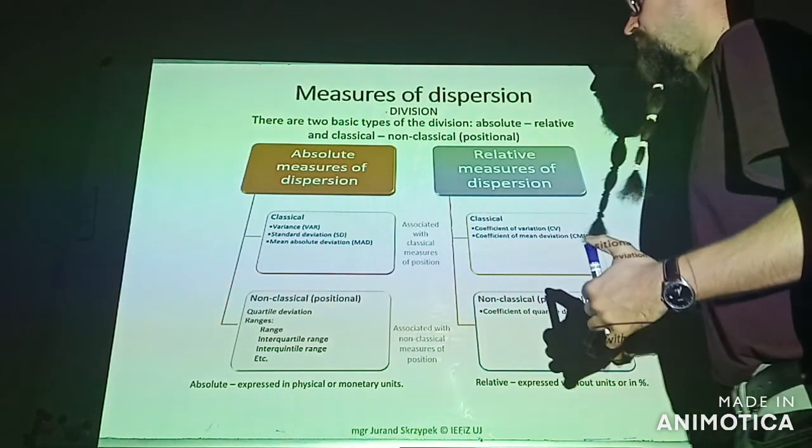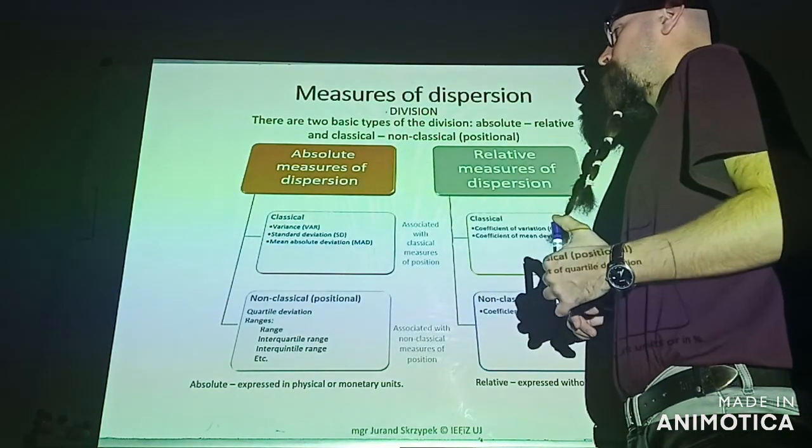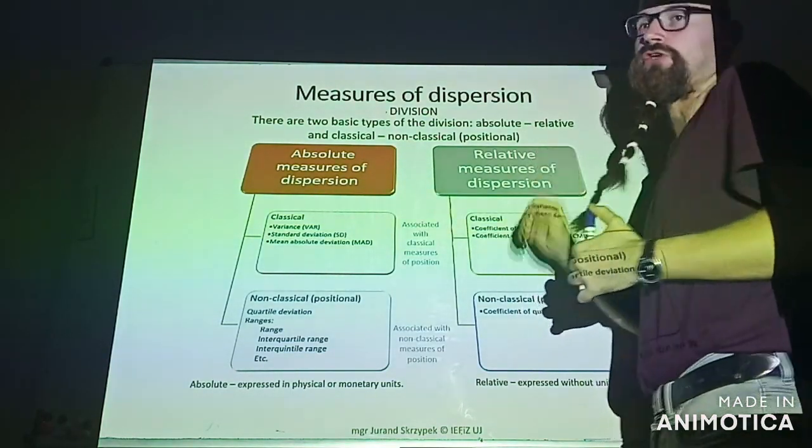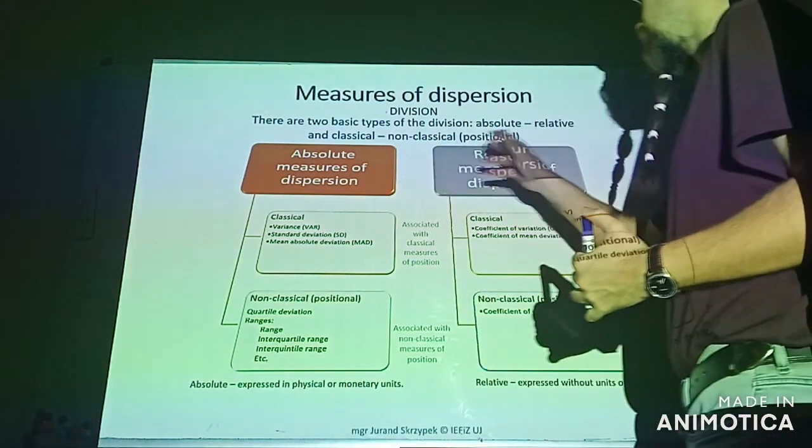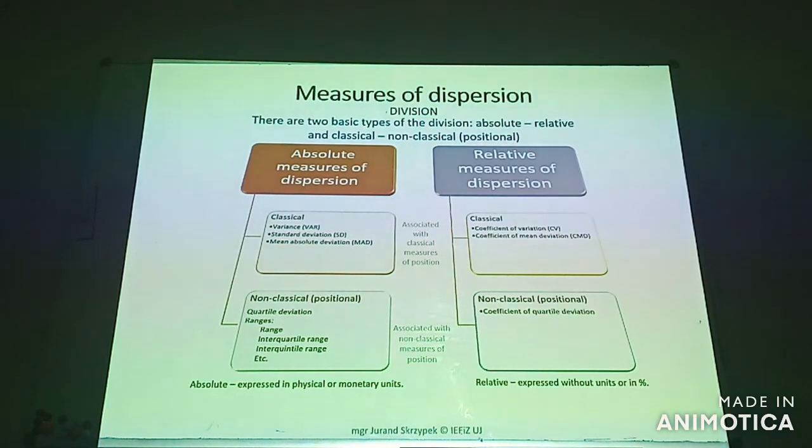The second division is into absolute and relative measures of dispersion. The differences between the absolute and relative measures of dispersion lie in the construction of these measures and consequently in the units of the measurement that have been used.